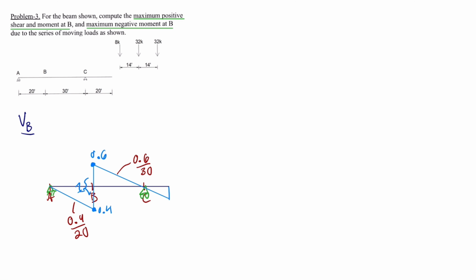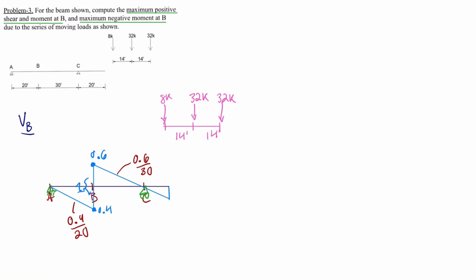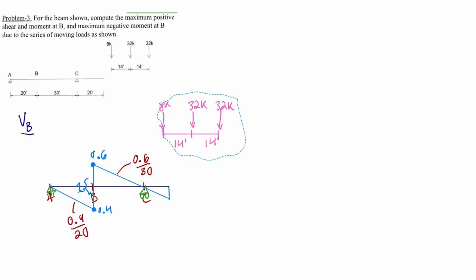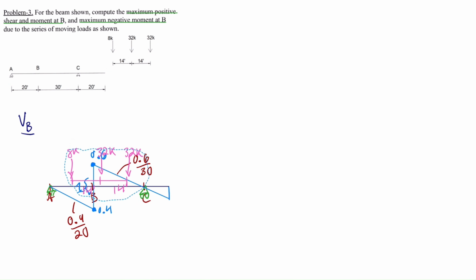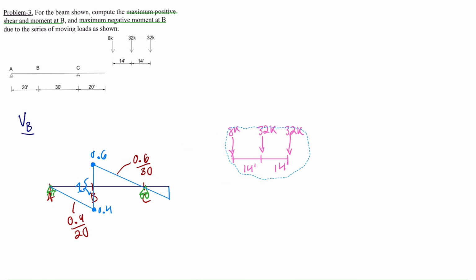Now we can focus on the moving load. So we can go ahead and draw the moving load here. Since we want to find the maximum positive shear, we have to move this moving load somewhere where it has the maximum positive shear.